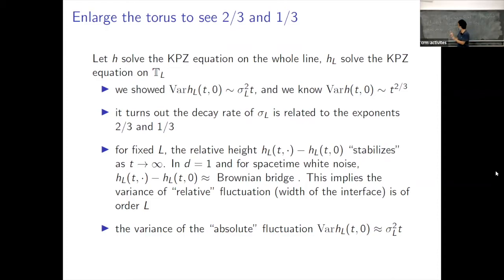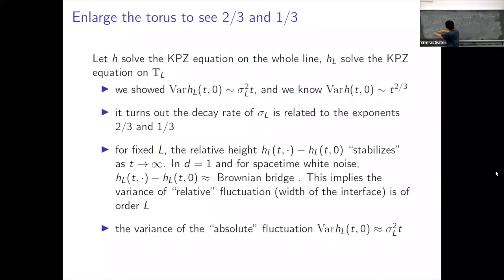If you look at two points, H(T,0) and H(T,x), and try to compute the correlation, you can write H(T,x) as H(T,0) plus this increment. L much smaller than T, that is sigma_L squared, is the same as saying that this part is much smaller than this part in terms of the variance. So if the difference is negligible, then the correlation is 1.